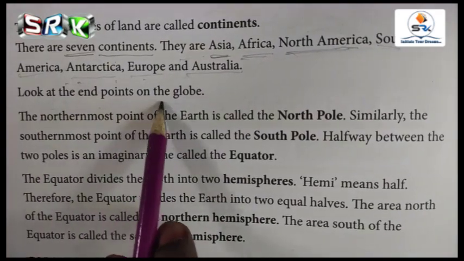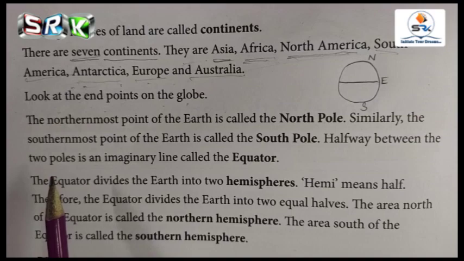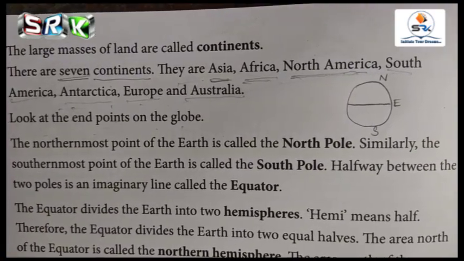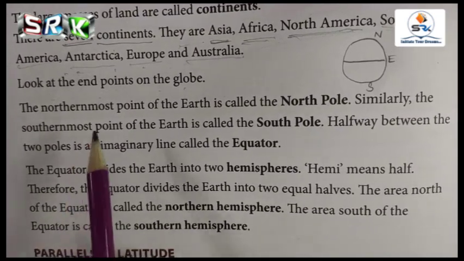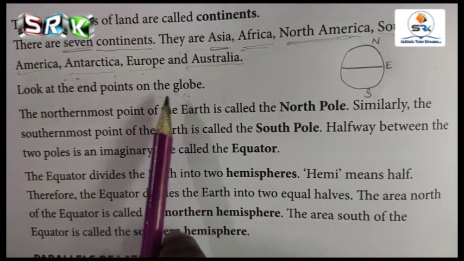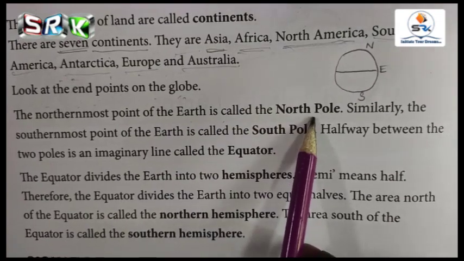Look at the end points on the globe. Next, look at the end points of the globe. The northernmost point of the earth is called the North Pole.